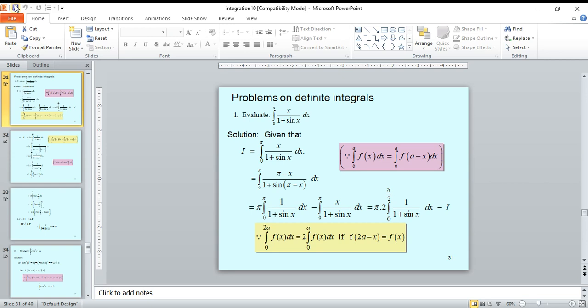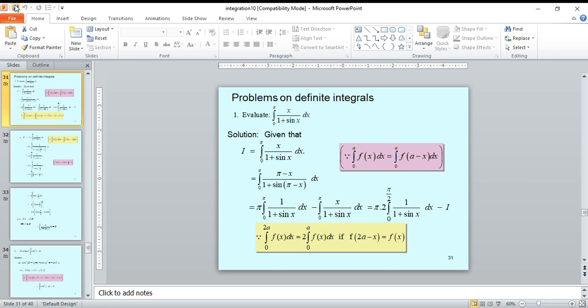So I equals pi into integration 0 to pi 1 by 1 plus sin x dx minus integration 0 to pi x by 1 plus sin x dx, and integration 0 to pi x by 1 plus sin x is the I. Pi into integration 0 to pi, convert it into 0 to pi by 2 level.